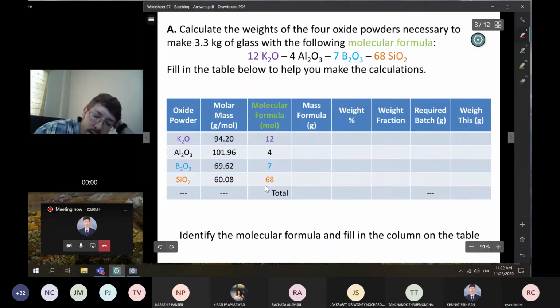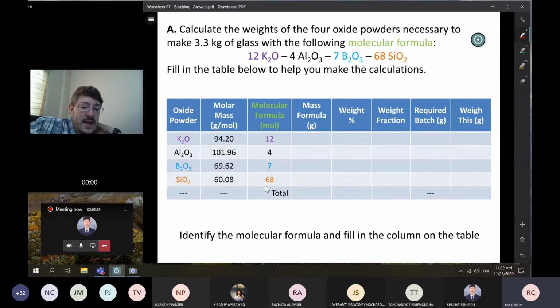This can add up to any old number. It doesn't have to add up to 100. It's not a mole percent. It's just a molecular formula. It can be anything it wants to. It doesn't have to be reduced to any set of numbers.